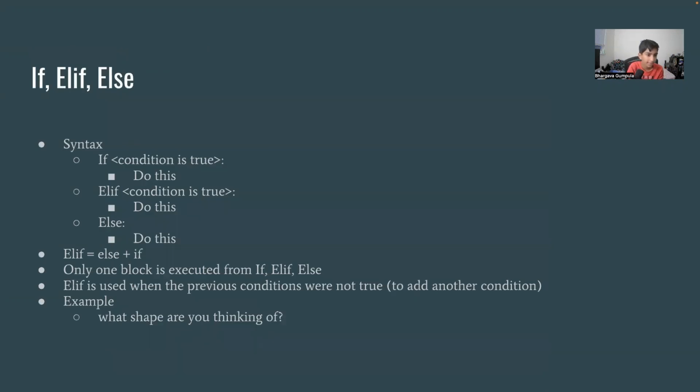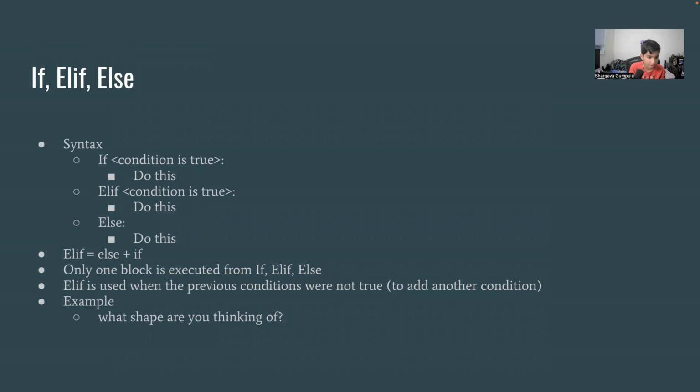Now we have if, elif, else. Elif is basically a second if condition, but it's not inside the if condition. So if there's if and else in a block, elif can go in between, which is otherwise if this condition. Because in else you don't get to choose a condition. It's any other possible case.